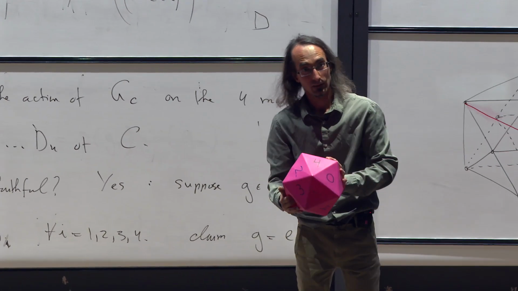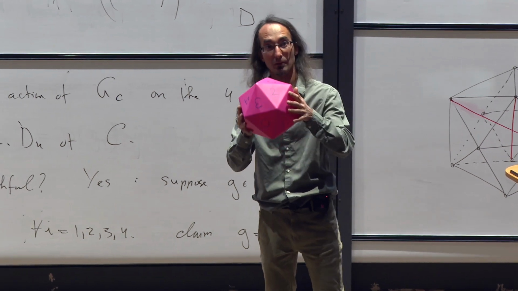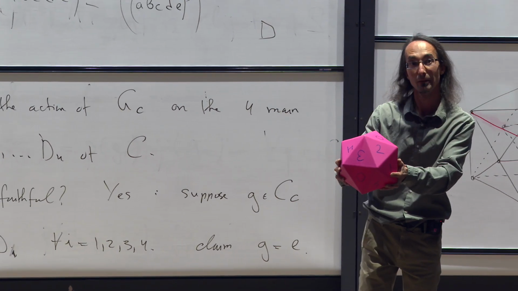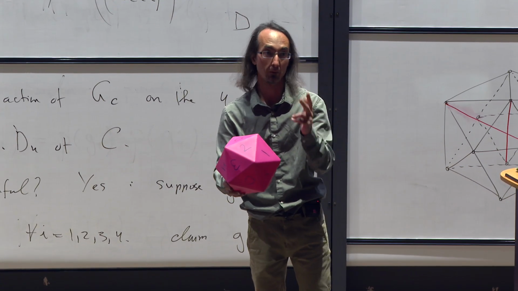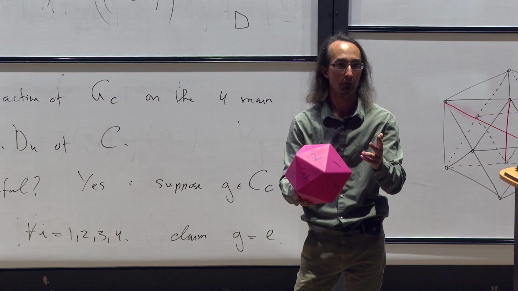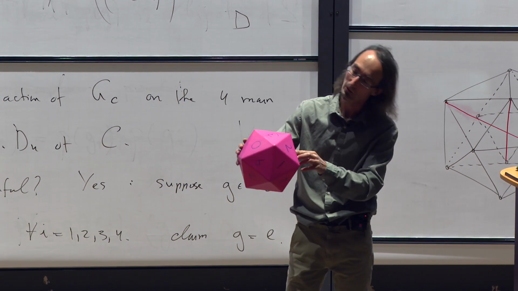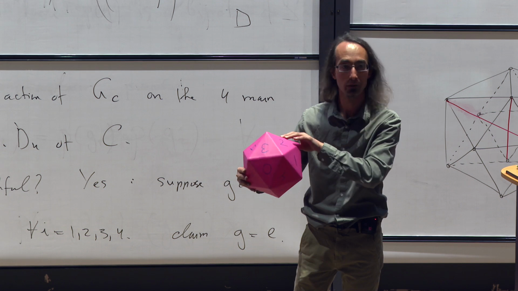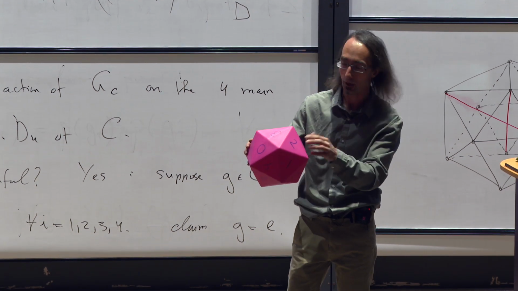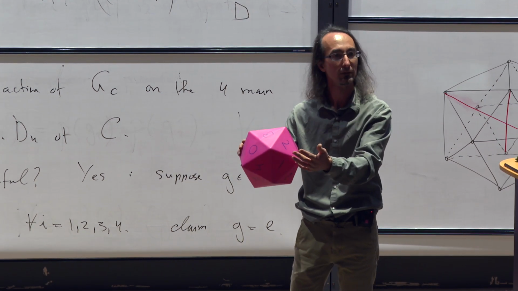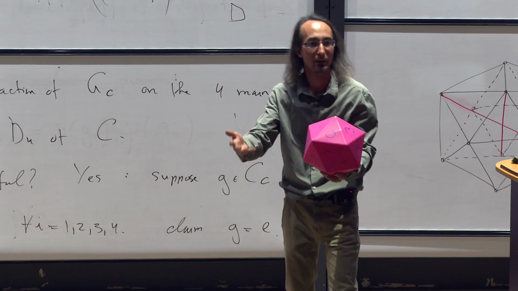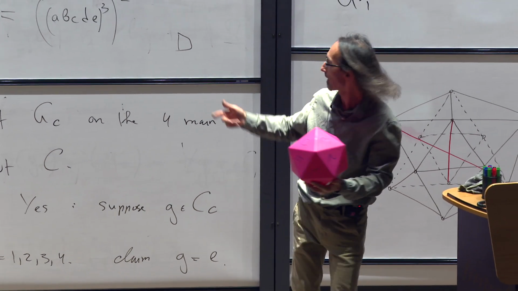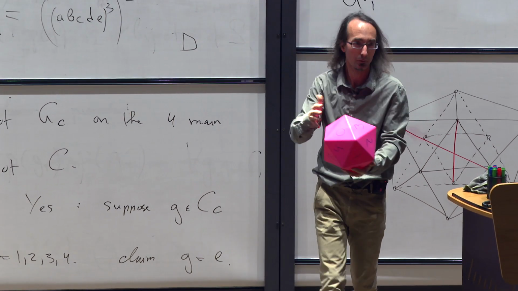So we consider now the action of the rotation group on these colors, and we have to basically prove that this is a faithful action, which you can do by examining what happens if you fix one color and so on. It's a bit of little case-by-case analysis, but it's doable.